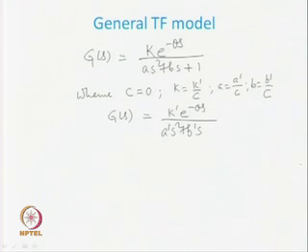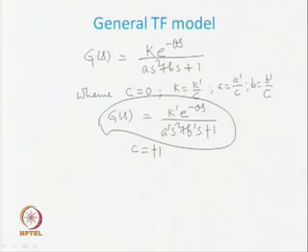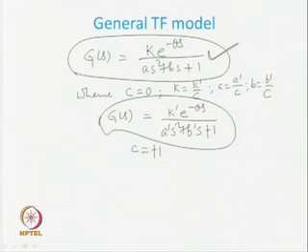Now, when c assumes a negative value, c equal to -1, similarly I get a -1 here. When c equal to +1, I get +1 here. That is how we get a variety of transfer function models from this general transfer function model. That is why I say that this G(s) possesses some generality.